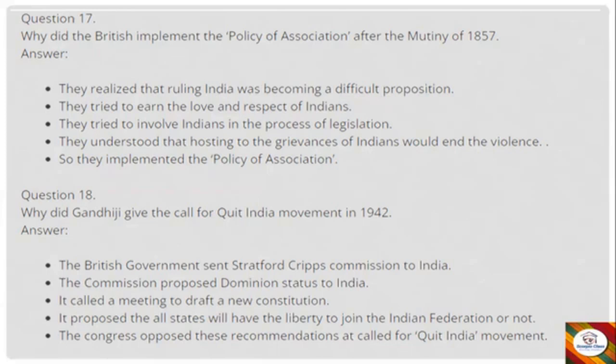It proposed that all states will have the liberty to join the Indian Federation or not. The Congress opposed these recommendations and called for the Quit India movement. Okay, so these were the reasons that the call was given for the Quit India movement in the year 1942. So you can write these reasons.